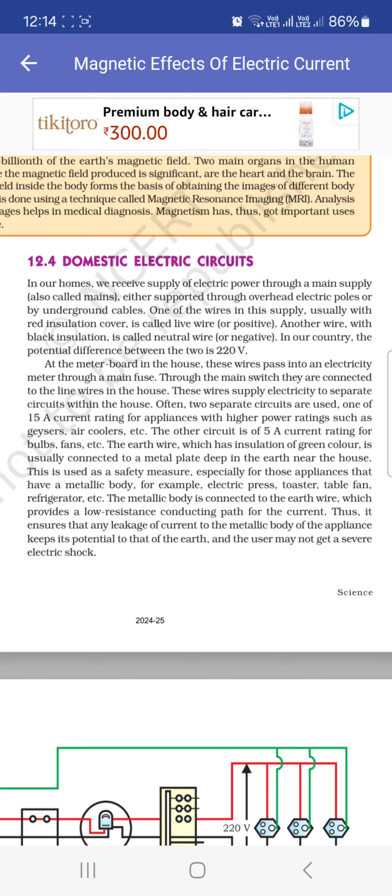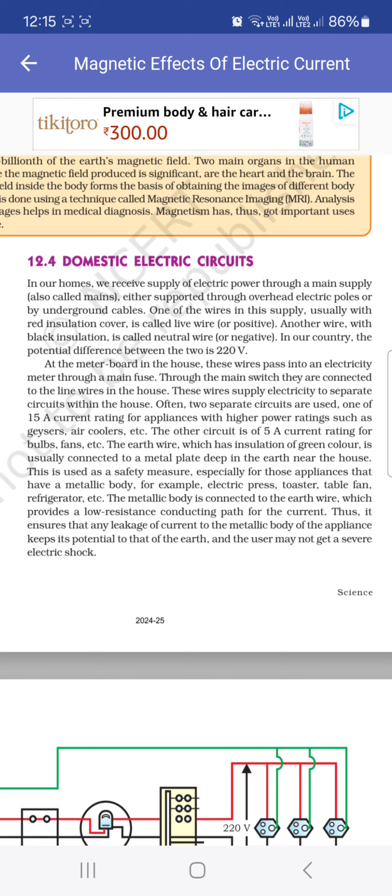One of the wires in this supply, usually with red insulation cover, is called the live wire or positive. Another wire with black insulation is called the neutral wire or negative.